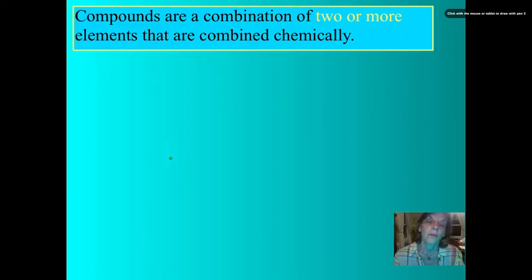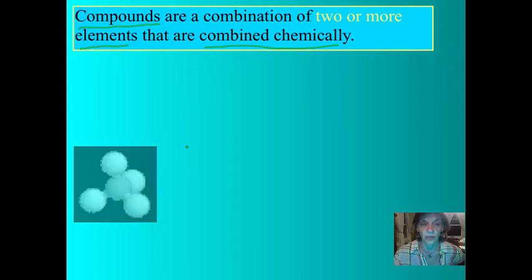All right, moving on to compounds. Compounds are combinations of two or more elements that are chemically combined. That's really important, because if they were just mixed, then they'd still be individual elements. But if they're actually chemically combined and bonded together, then they're called compounds, and they always have a constant ratio.